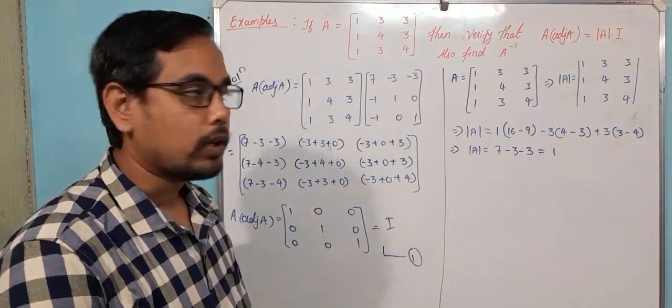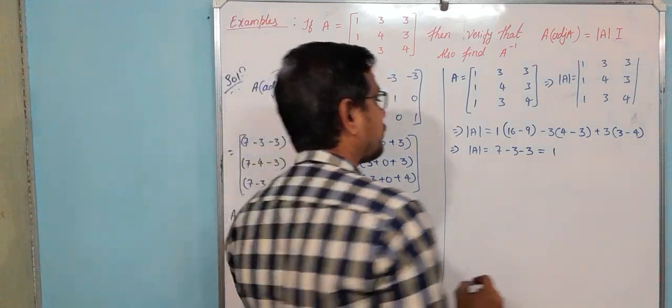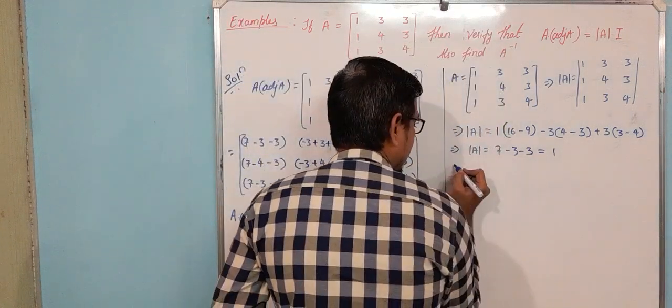Determinant A is equal to 1. And what is determinant A into I?